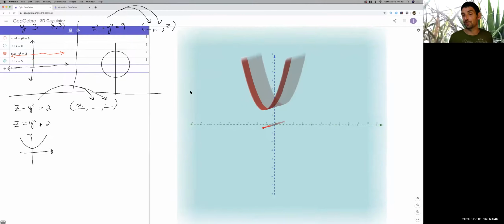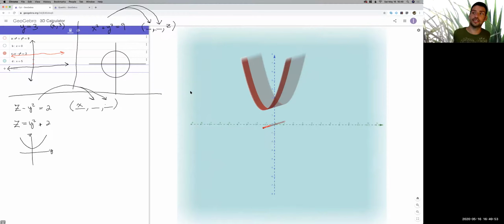These are things we call traces. We take a slice and see what the cross section is. When we take a slice, what we can think of is we're taking that variable out of the equation. We're thinking of that variable as a constant, and so it doesn't change. And we see how the other two variables relate at that value.